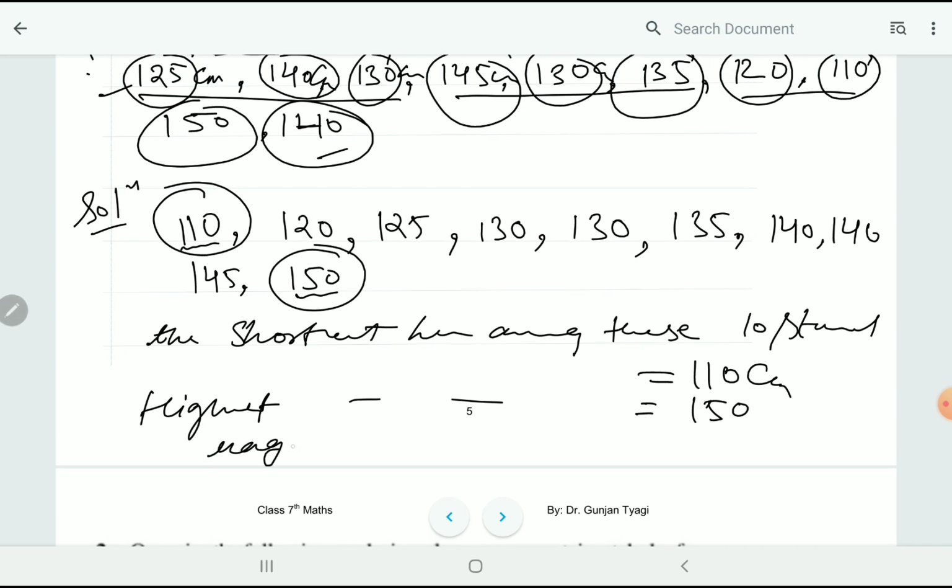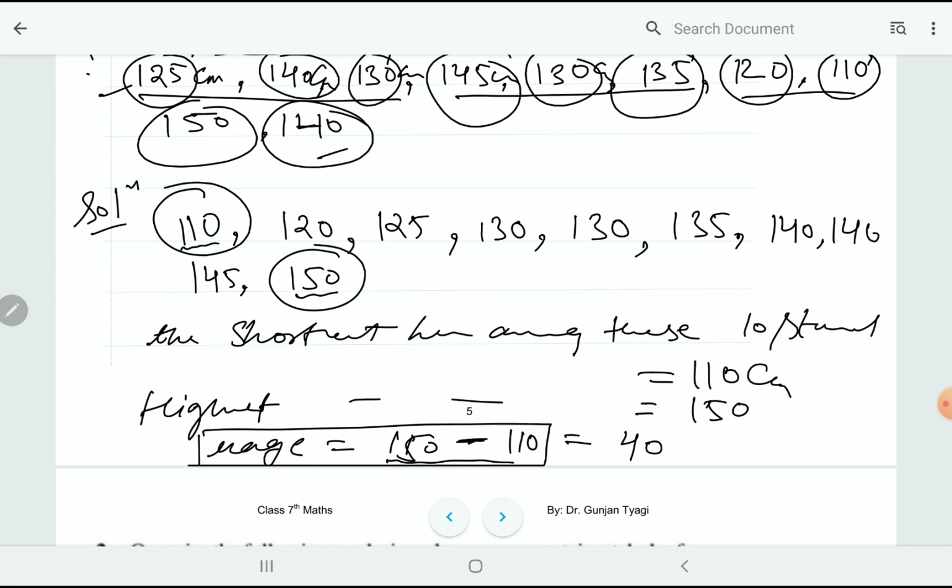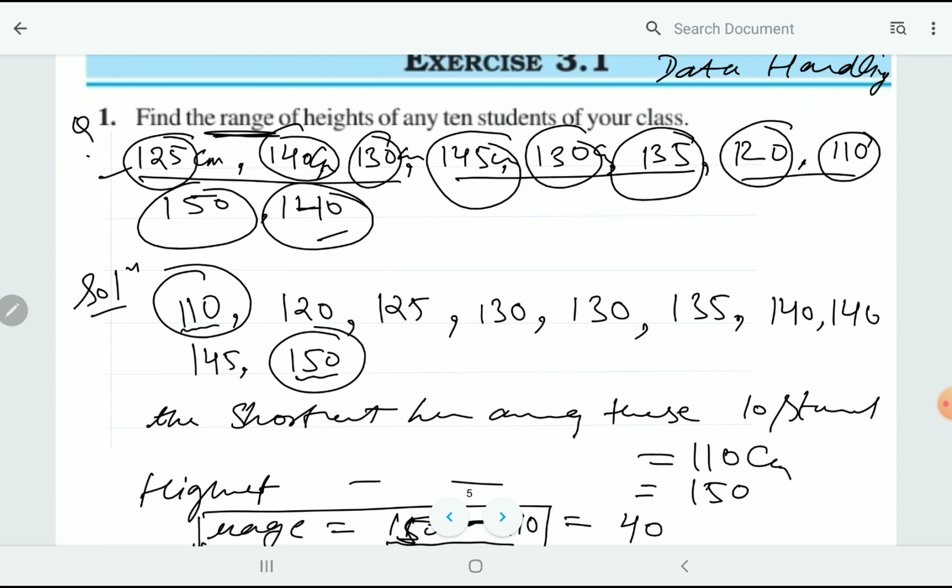So the range is 150 minus 110, which is 40. It can also be written as 110 to 150, which is the range of the data. I hope it is clear now how to find the range.